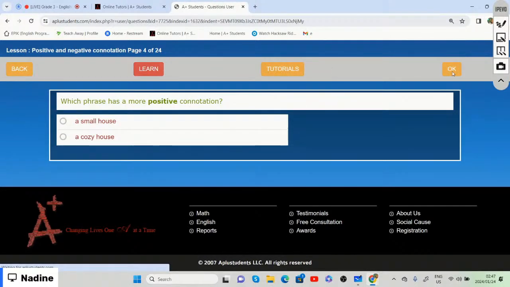And scowl is the same. Last one. Which phrase has a more positive connotation? Is it having a small house or having a cozy house?